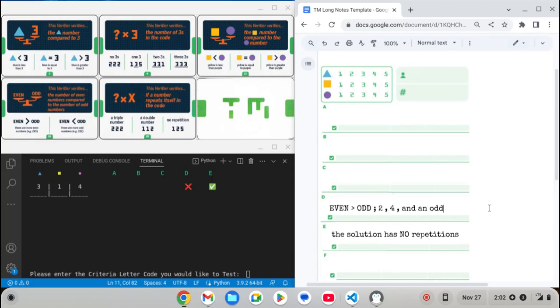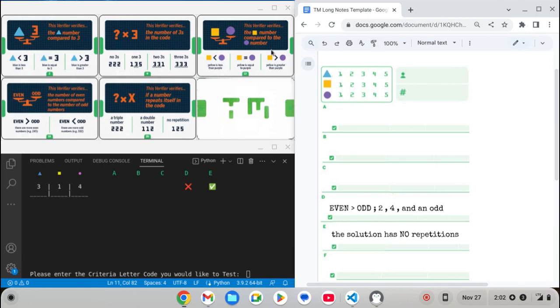Now, of course, we don't know the order of how they appear in our solution, but because of the majority of evens and no repetitions, we know those evens do not repeat. So they have to be a 2 and a 4. And because of no repetition, that 3rd digit must be an odd.